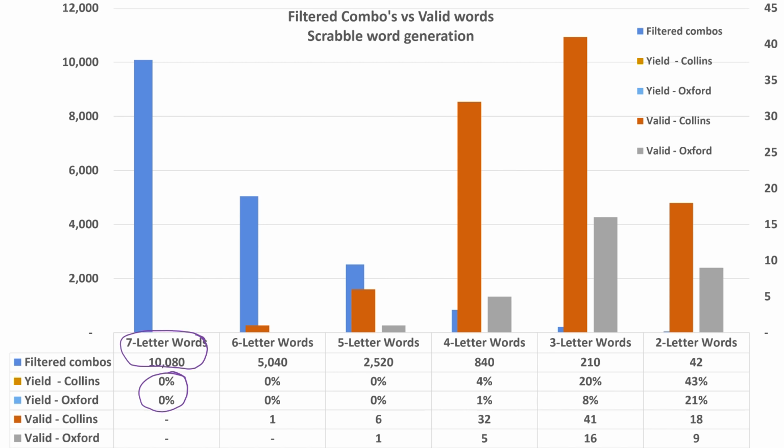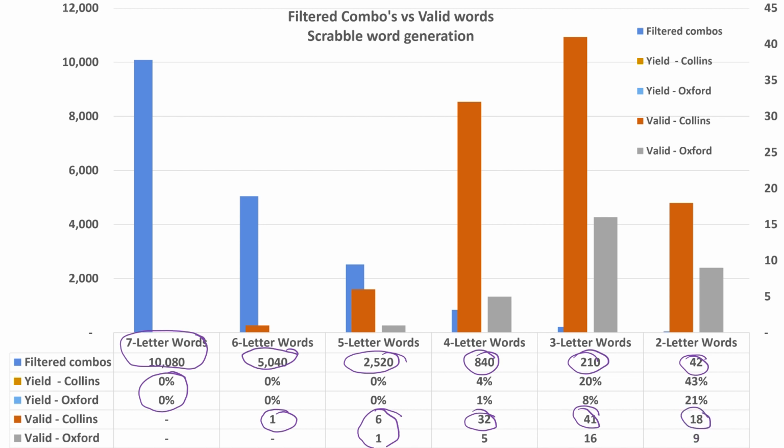For 6 letters, about half as many were generated, but only one was valid. For 5 letters, about half again were generated and 7 were valid. 6 with respect to Collins, 1 with respect to Oxford. 840 and 32 with Collins, 210 and 41 with Collins, 42 and 18 with Collins.